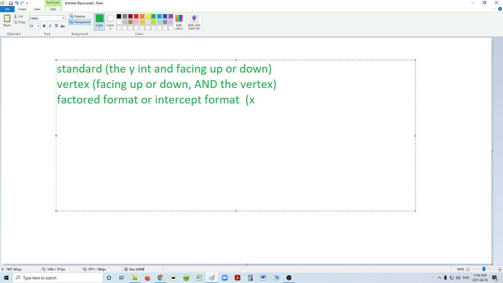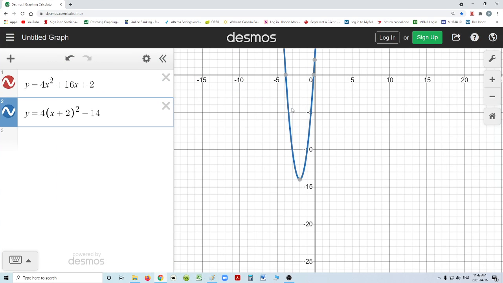And it looks like a, x minus b, x minus d, I think they call it. And what those tell you is where it intercepts the x-axis. So if you look here, you'll see our x-intercept is minus 3 point something.